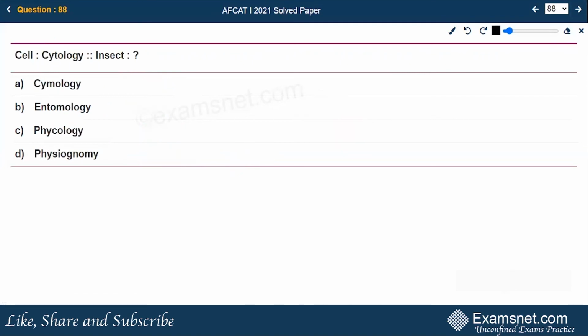Next, question number 88. Cell is related to cytology in the same way insect is related to cymology, entomology, phycology, and physiognomy. Which is the correct option of these? See, what is cytology? It is the study of cells. Cymology is no word. Entomology is the study of insects.